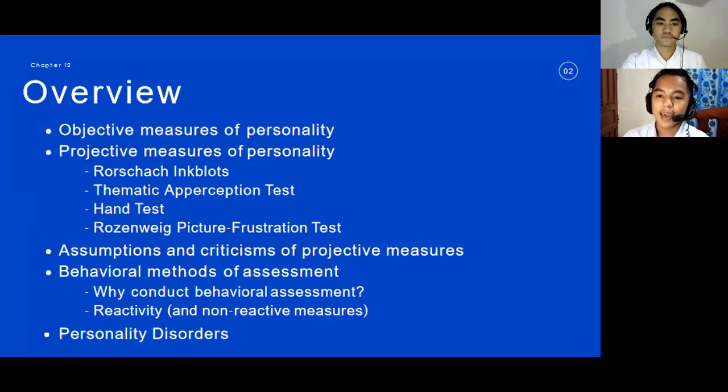We will also cover reactivity. We might have heard about the Hawthorne effect, which is when you know that you are being observed, and then you often alter your behavior. The last part of my discussion will be the recall of the personality disorders that we have encountered in our abnormal psychology subject.